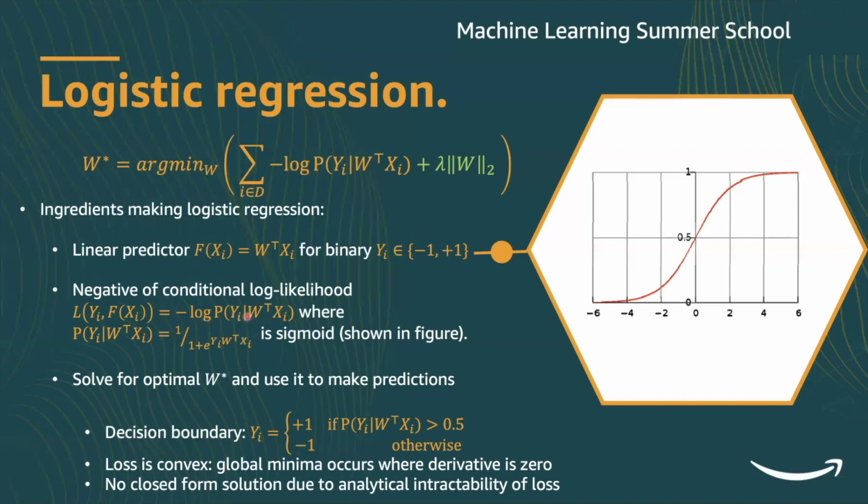It's the same thing, it's just that we're taking a logarithm. Now we take the sum over the log of probabilities over the data set. And this is what is called the conditional log likelihood. It's conditional because we're taking the probability of the class label given the instance.